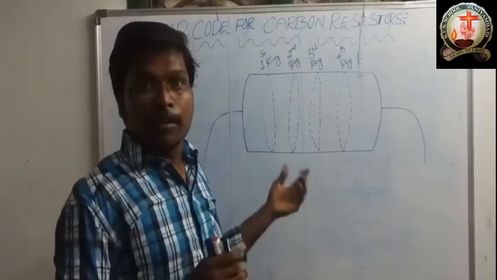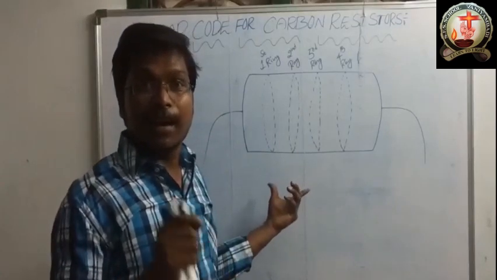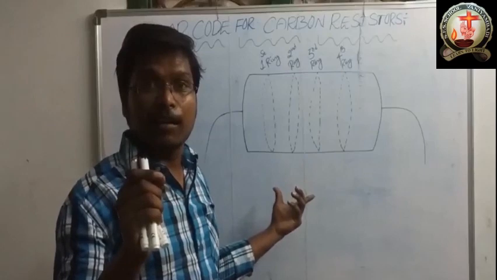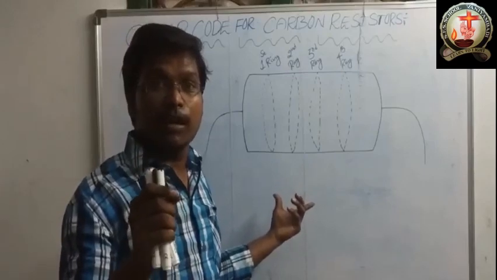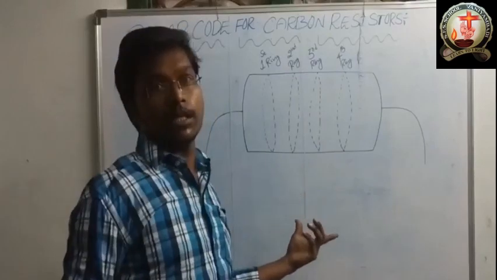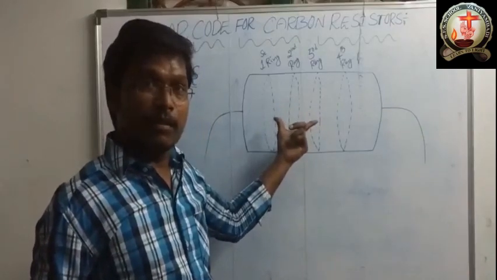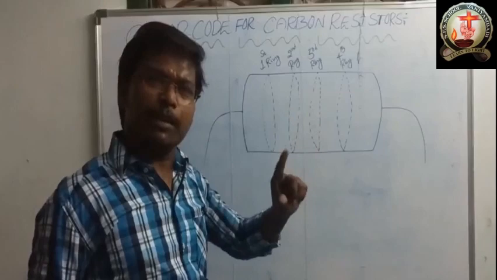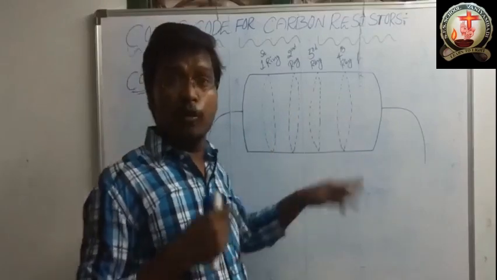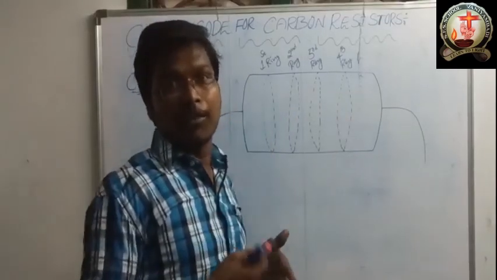These first 3 rings must be present in each and every resistor, but the fourth ring is optional, whether it will be there or not.